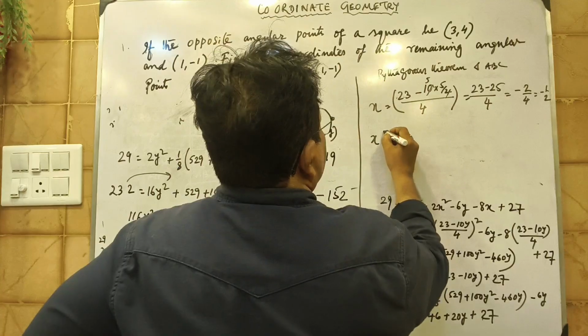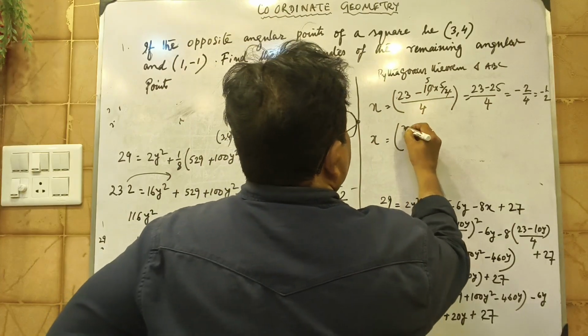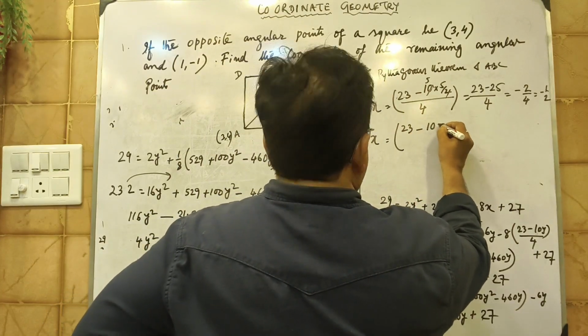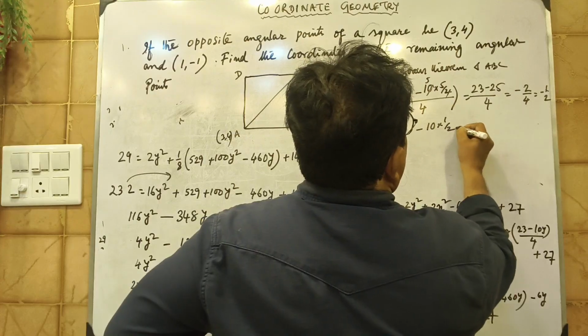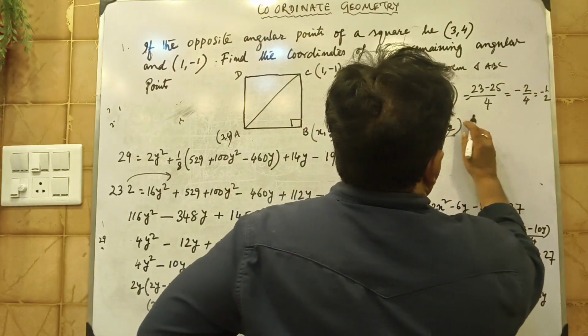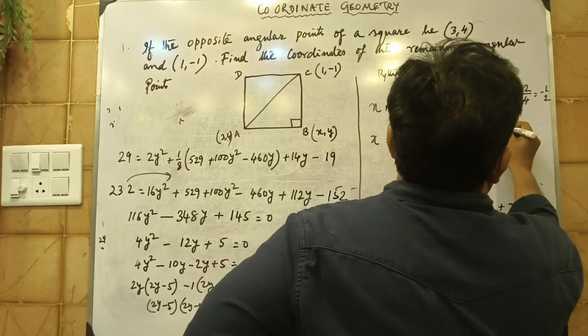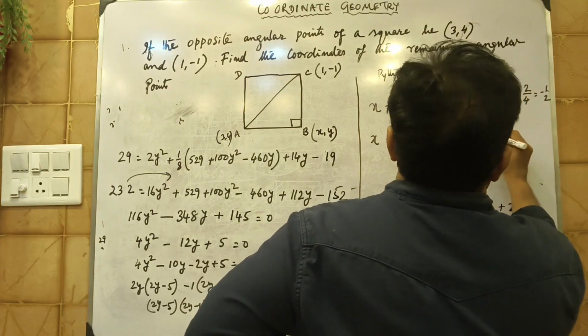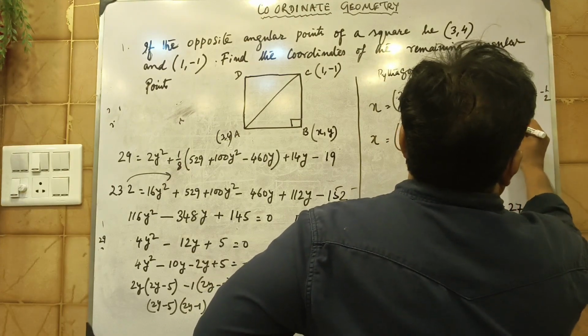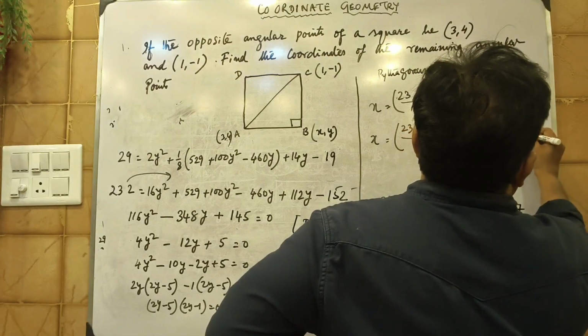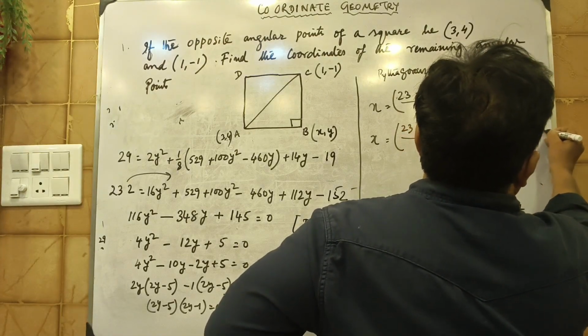When y is half, x equal to 23 minus 10 into half divided by 4, that is 23 minus 5 divided by 4, 18 by 4, that is 9 by 2.